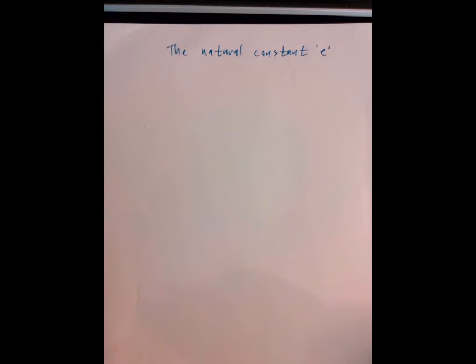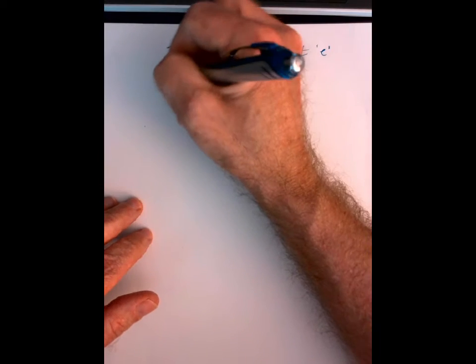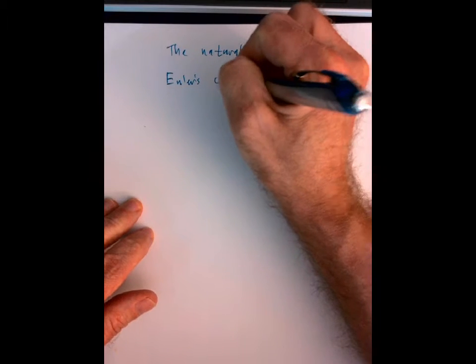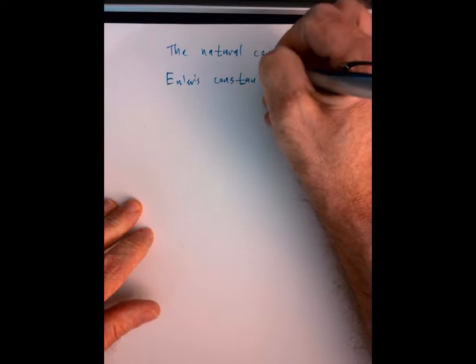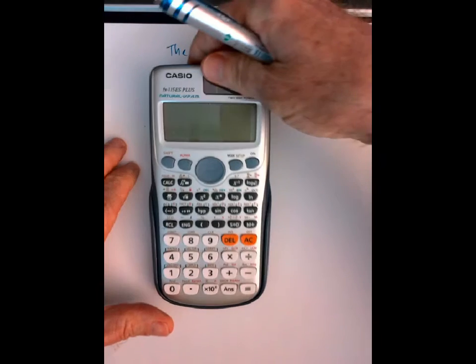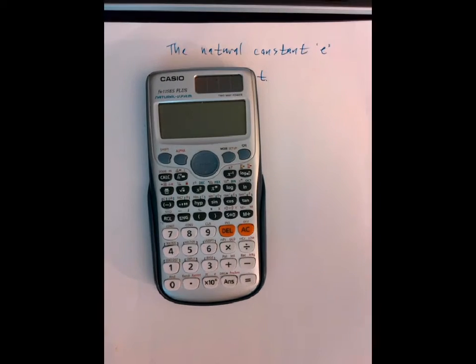First is this natural constant called Euler's number, e. And it's a natural constant like pi, which occurs in many, many different situations. You've got it on your calculator. Let me show you. I'm going to zoom in for a second here.